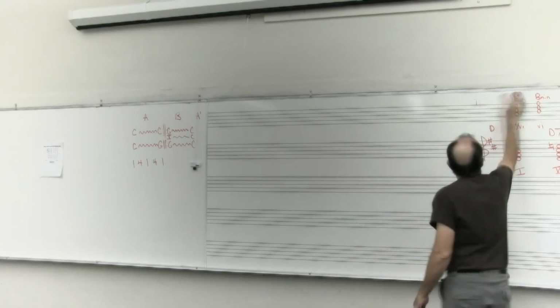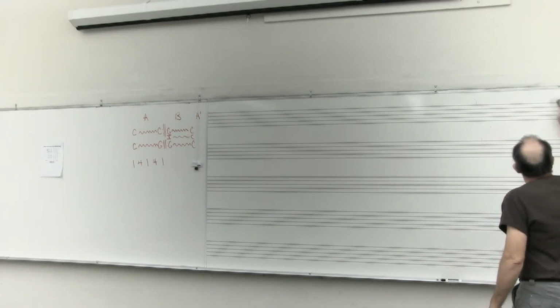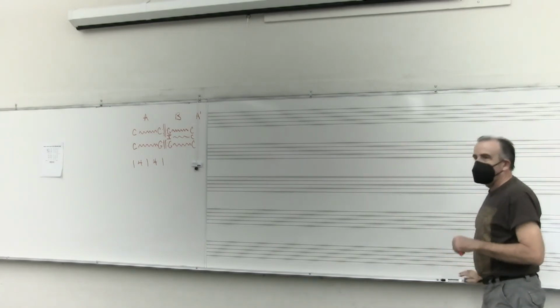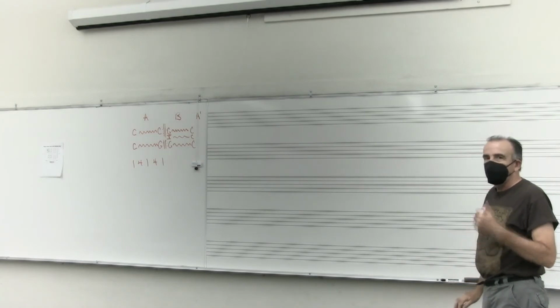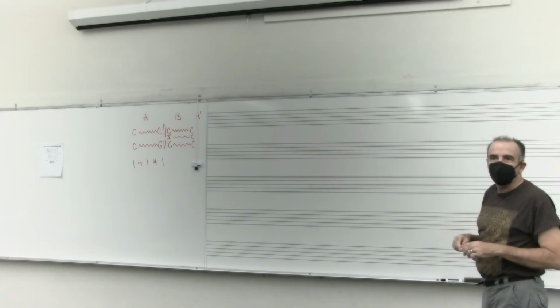So, well, okay, for terminology. Sonata form, sonata allegro form, first movement form, these are all synonymous terms for the same thing, right?